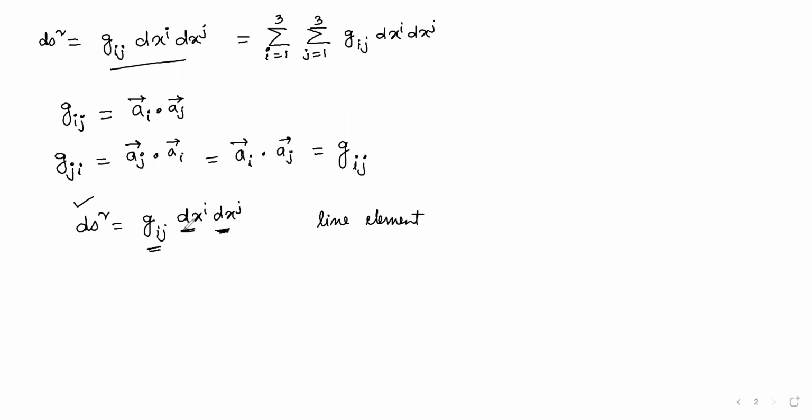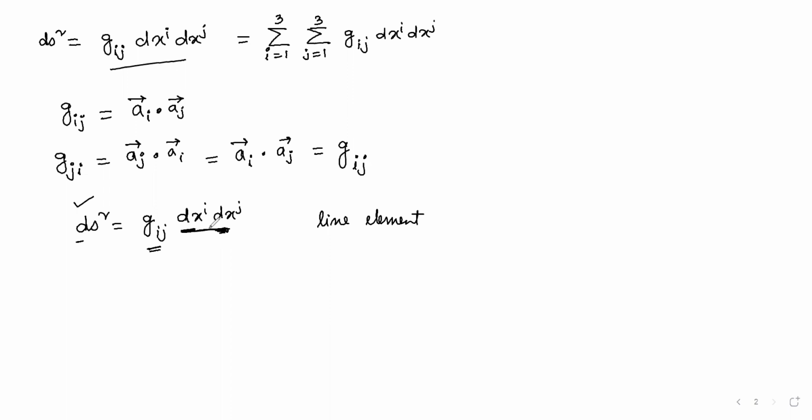Okay. Now dxi multiplied by dxj, the outer product of two contravariant vectors, is actually a contravariant tensor. Sorry, this is not a vector of rank 2. This is a tensor of rank 2.